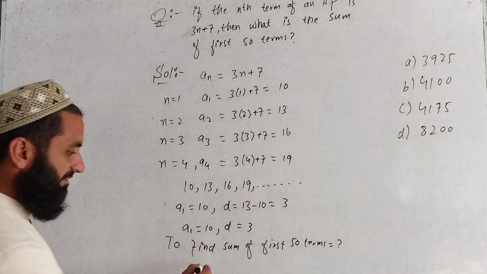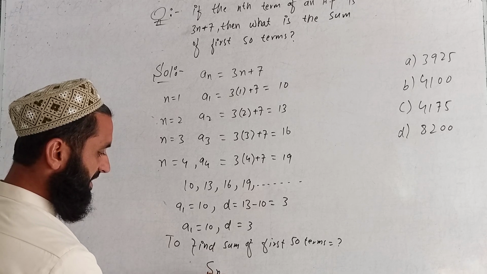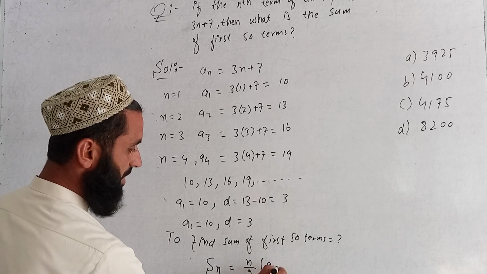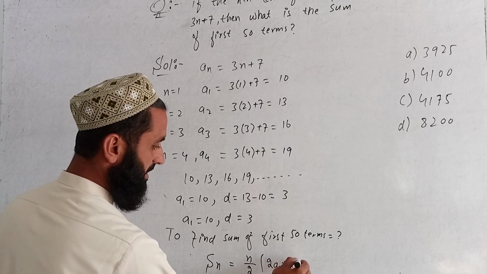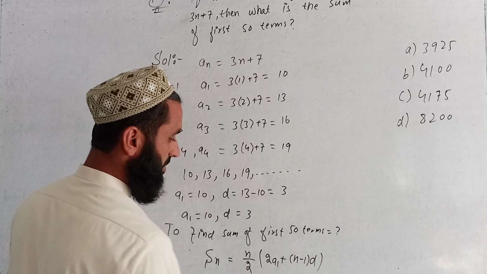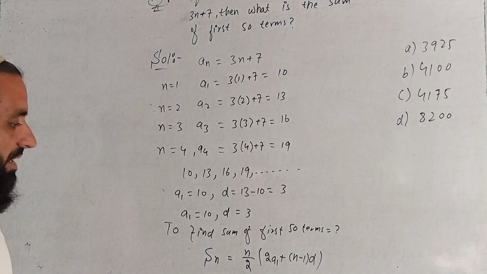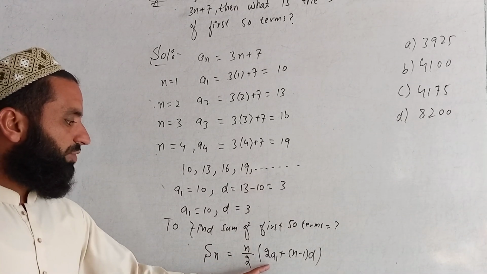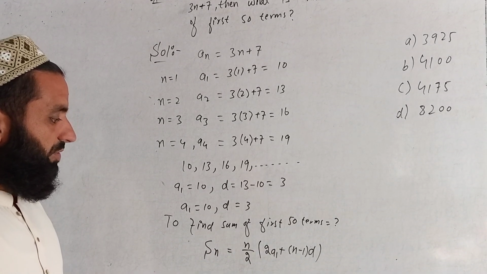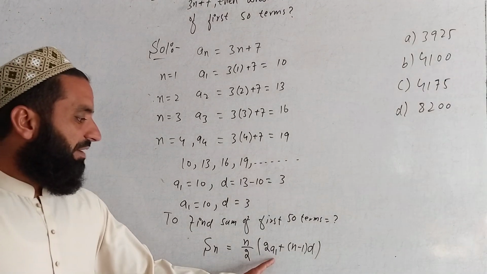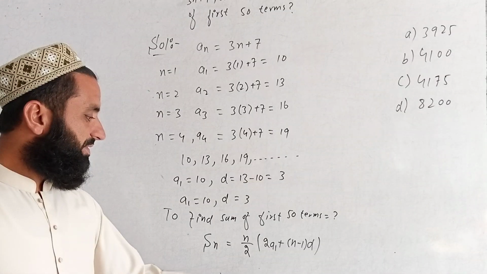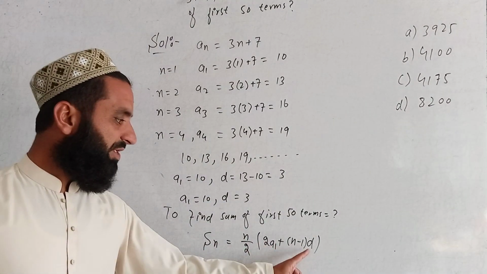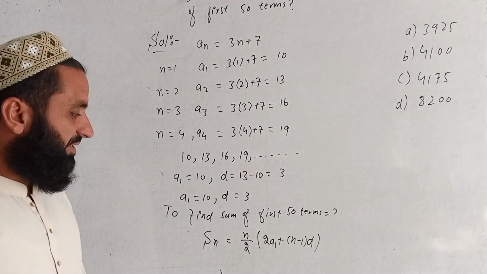For this, we are using Sn is equal to n by 2 times 2a1 plus n minus 1 into d. So this is the sum formula for n terms. Sn is equal to n by 2 times 2a1 plus n minus 1 into d, where a1 is the first term of the given sequence, n is the number of terms of the given sequence, and d shows the common difference.